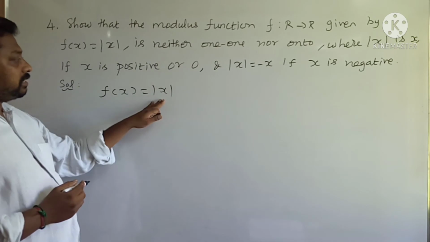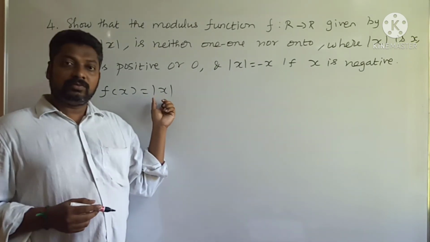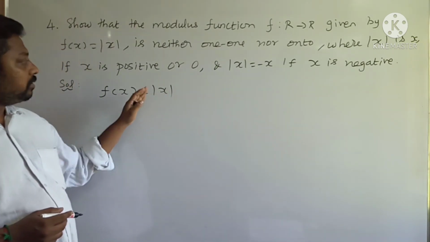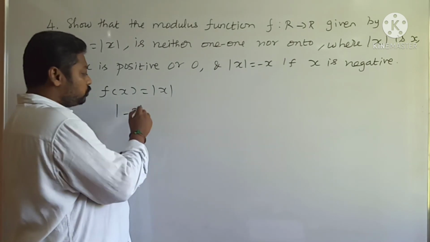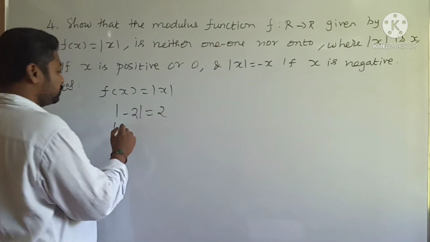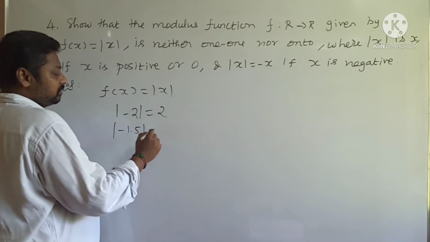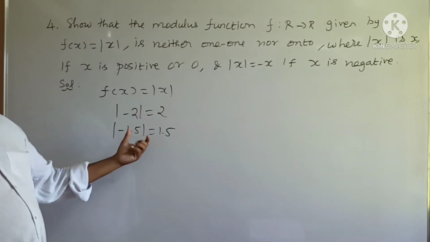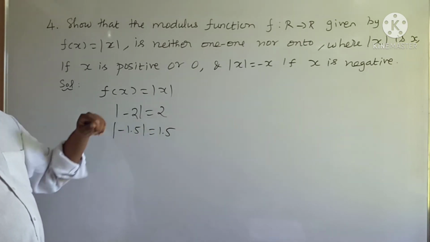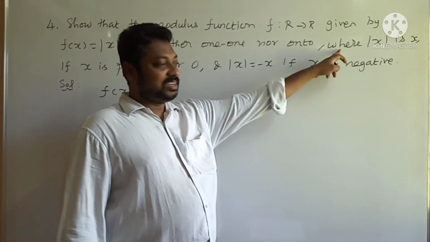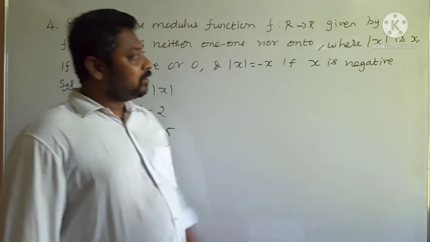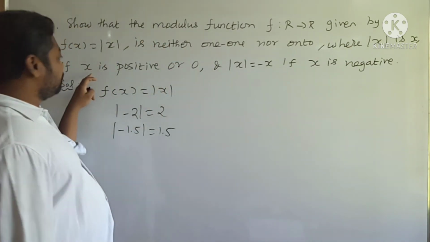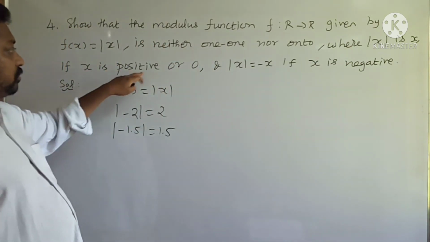Modulus is nothing but a negative value becomes positive. For example, modulus of minus 2 is 2, modulus of minus 1.5 is 1.5. So any negative value becomes a positive value in the modulus function. That is what is given in the statement. It will be a little bit confusing. So modulus x is x if x is positive or 0.